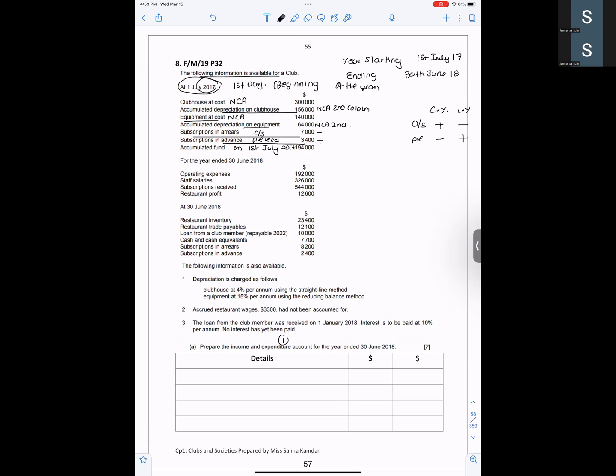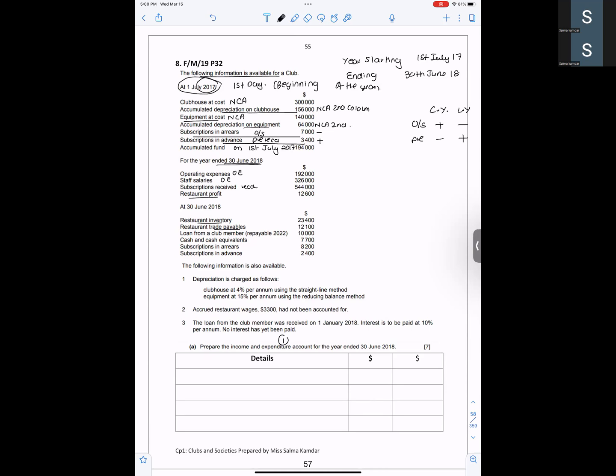We have certain expenses for the year. Operating expenses is other expenses. Staff salaries, again it comes as a part of other expenses. Subscription received during the year. And I have restaurant profit. In just reading, I have restaurant inventory, restaurant trade payables.